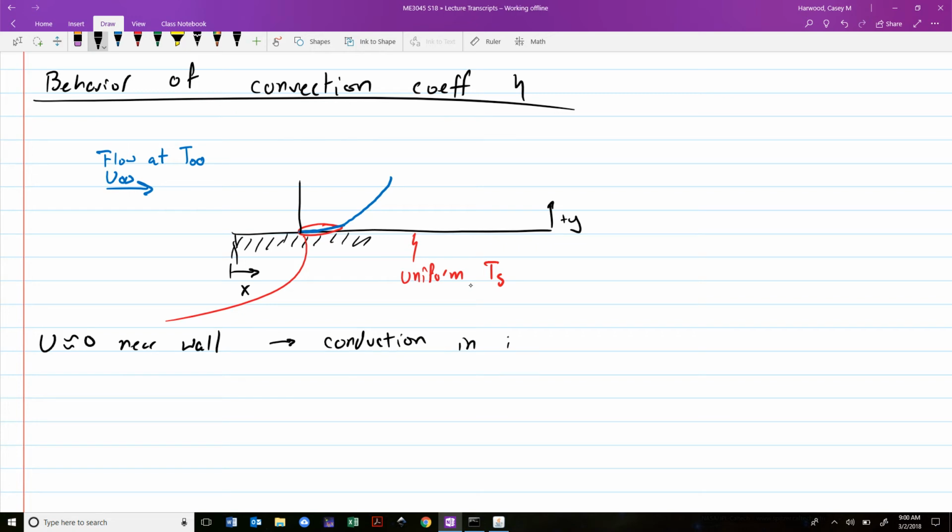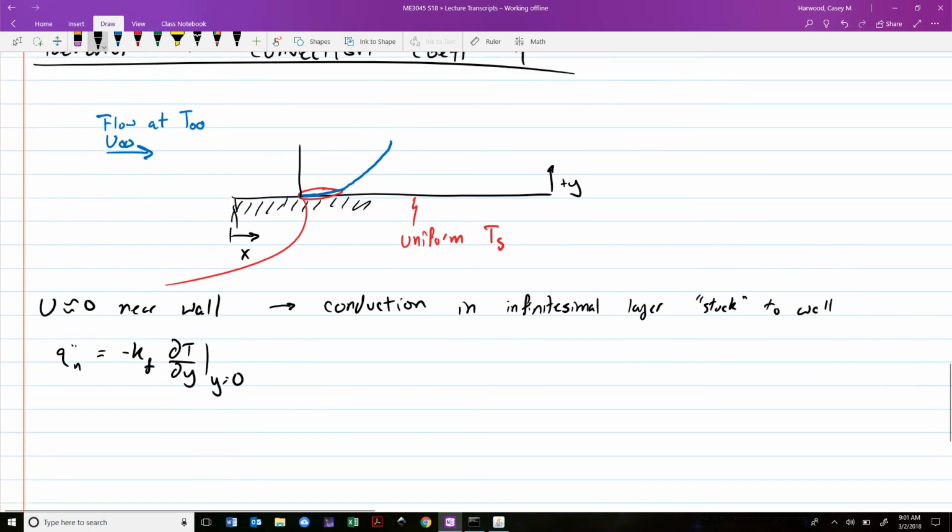So we would write q double prime_n equal to negative k_f dT/dy at y equals 0, where k_f is our conductivity of the fluid, not of the solid anymore.